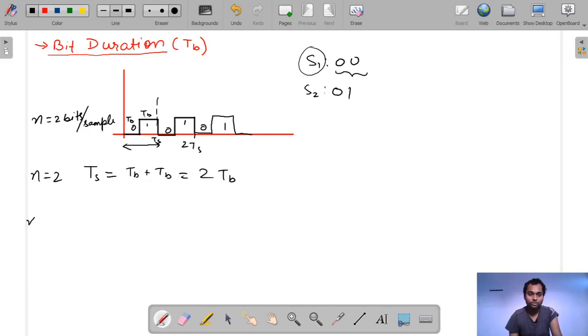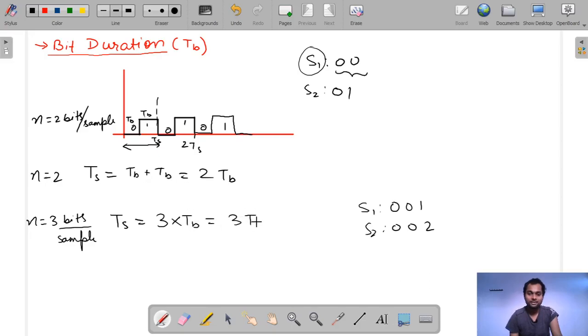Now let's suppose n is equal to 3 bits per sample, meaning each sample is denoted by 3 bits, like sample S1 is denoted by 001 and S2 by 010. In this case the symbol duration TS is equal to 3 into TB. Okay, so it will be 3TB.